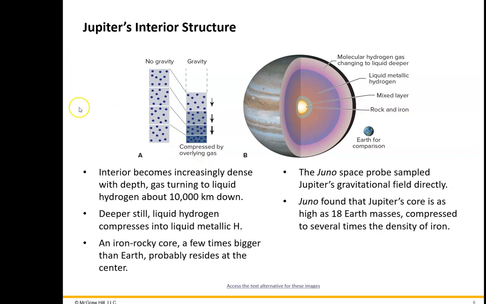Juno, we wanted to be able to get images of the north and south poles, and so it orbits from north to south. So it orbits in this manner, but in a very, very elliptical orbit.